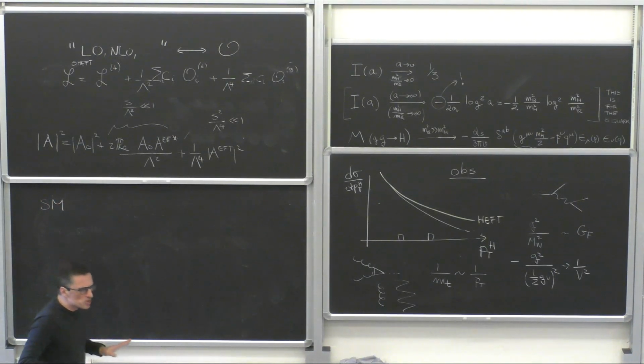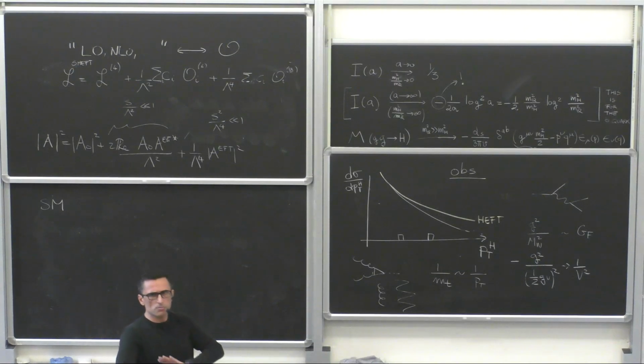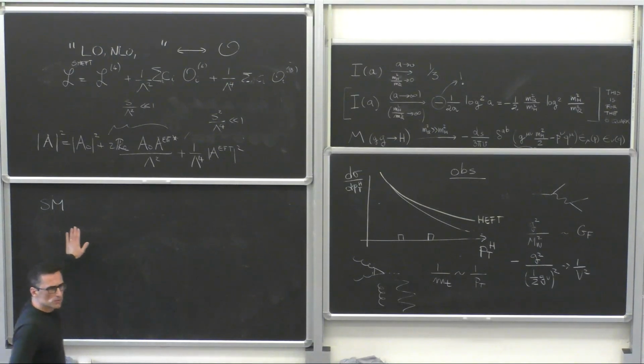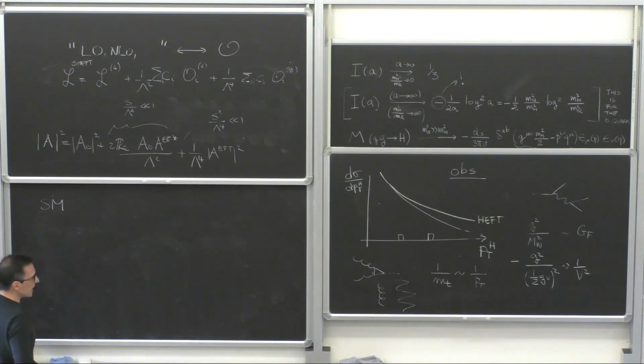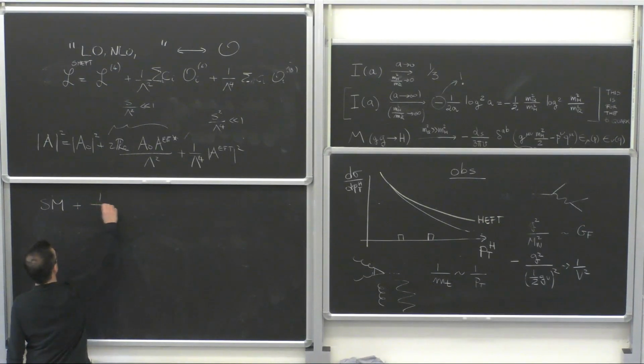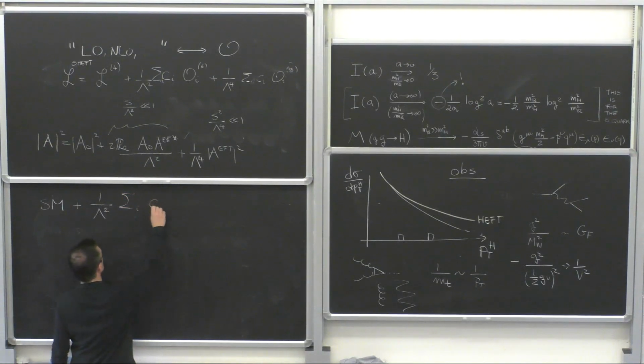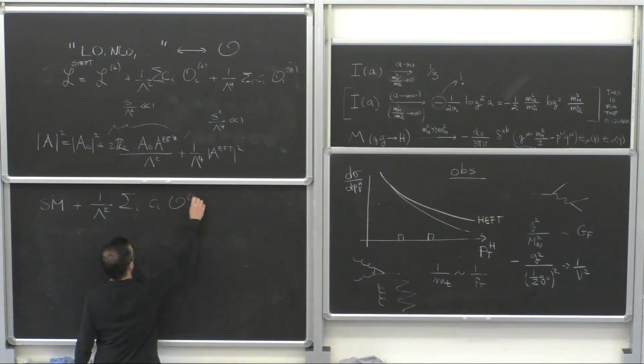So we have loops, we are super good in computing them, we are not approximating anything. Full standard model. And then we consider the SMEFT with new operators added to the standard model. Okay, so we write what I wrote before, the dimension 6 with new operators.